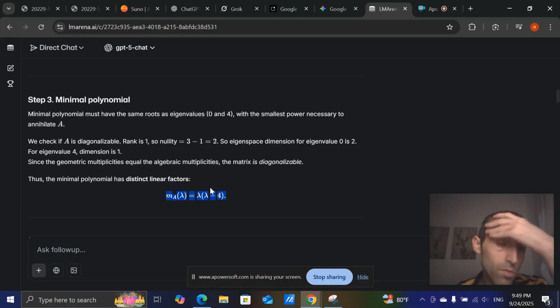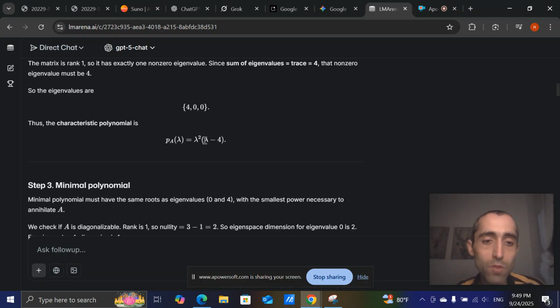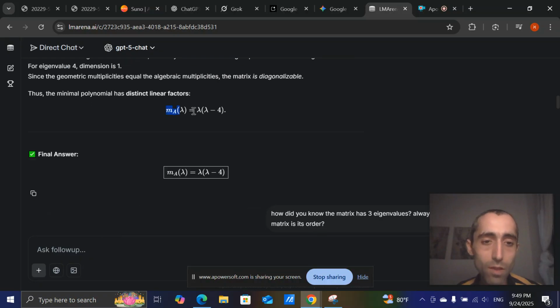For diagonalizable matrices, the minimal polynomial has no repeated roots for each eigenvalue, and in the general case, all the eigenvalues must occur. Because the matrix is diagonalizable, every term is to the power of 1. The minimal polynomial must also divide the characteristic polynomial, so it can be this one or without the 2 here. And because of what we said, it must be without the 2. So this is the minimal polynomial of the matrix A.